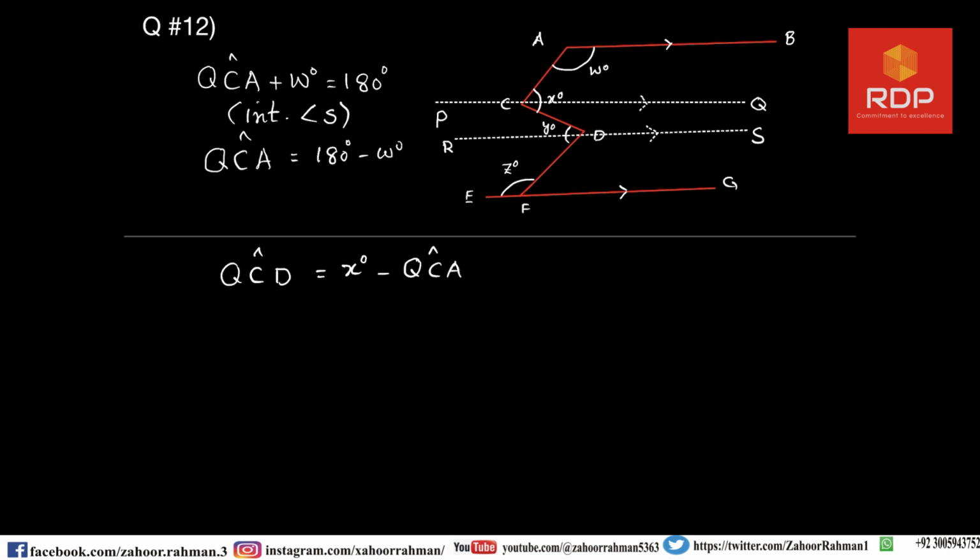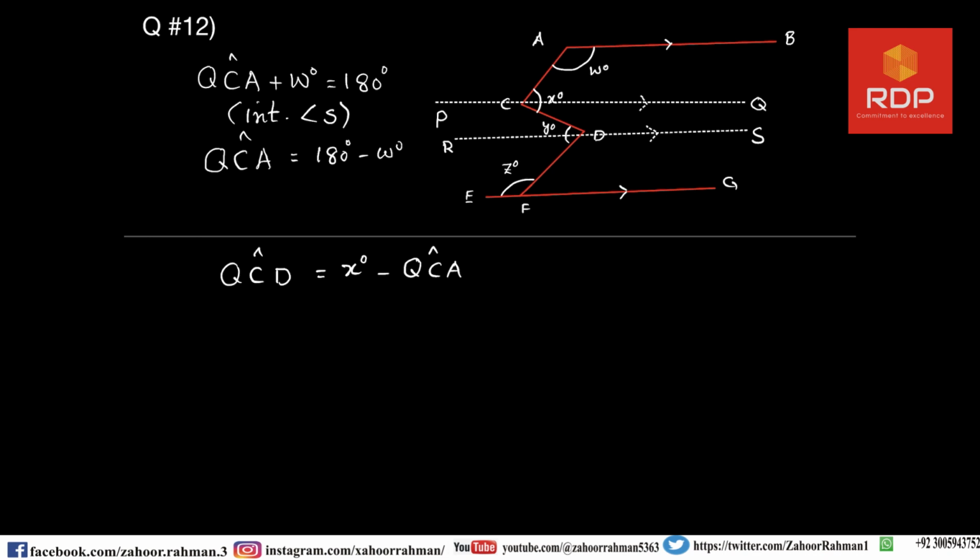We found this area, which is QCA, and that is this one. So we have to subtract that value from x degree, which is the total angle, and as a result we will be able to get it.